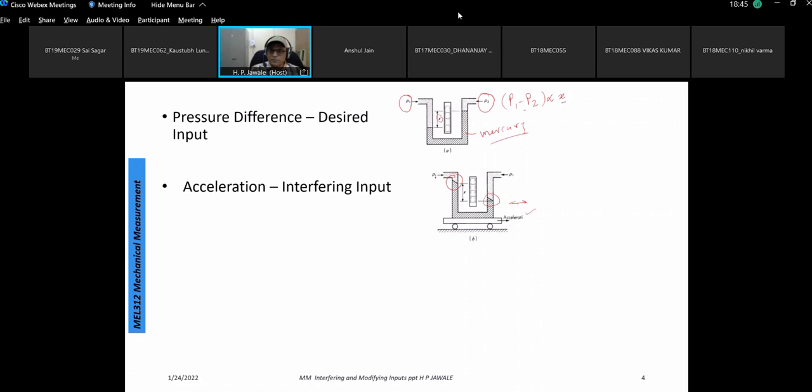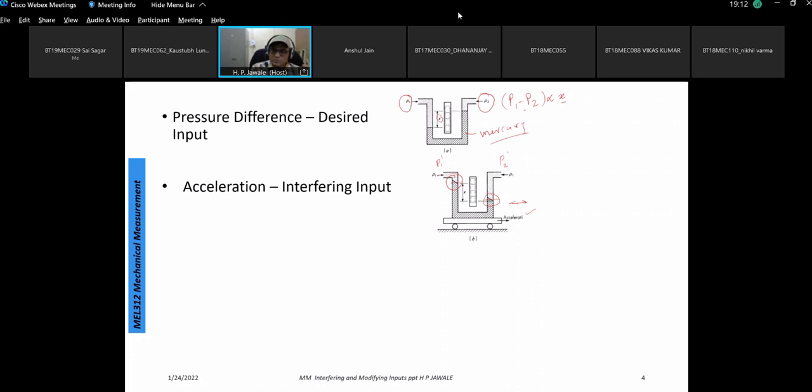Now suppose P1 has changed to P1 dash and P2 has changed to P2 dash. Still, there will be some proportional change in the graduation because it is not now parallel to the datum. It has taken some inclination because of acceleration, and because of this there is change. So that change has made the desired signal to alter.